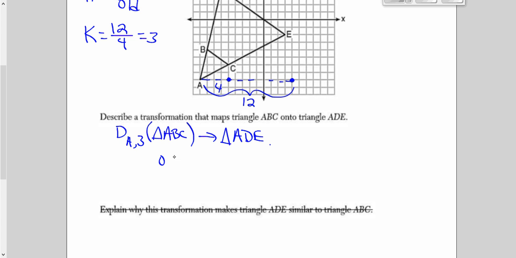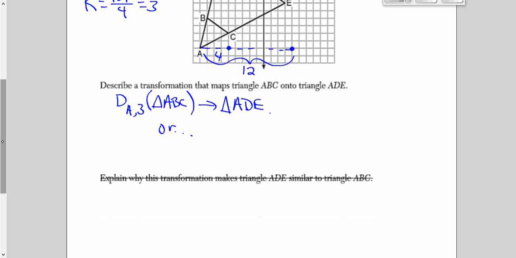Or could we write it out in words if we like? Yeah, sure, either one. If you're not sure about the notation, because if you get the notation a little bit wrong, you lose points. So if you're not comfortable with that, hang on. Give me a second.